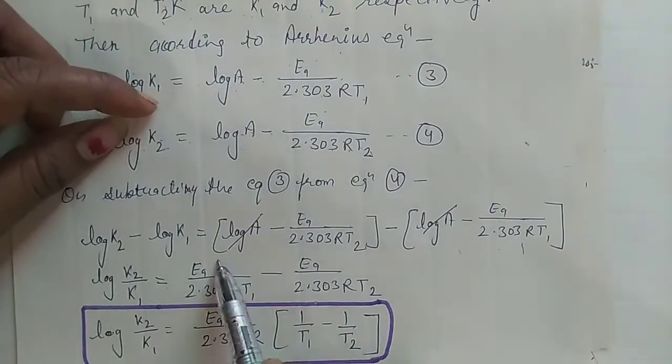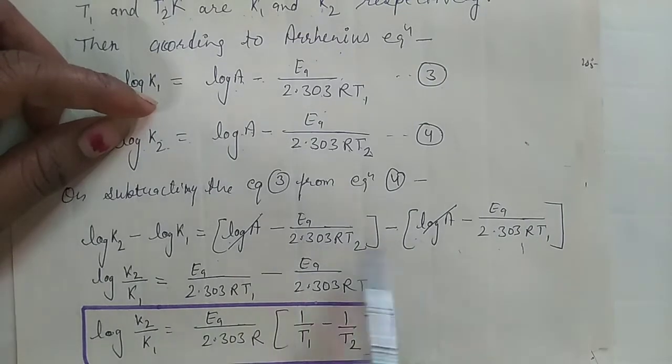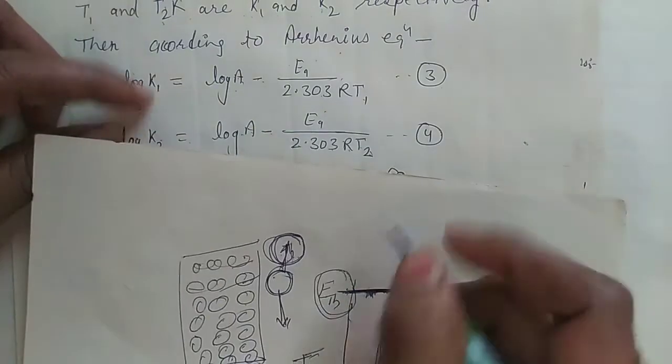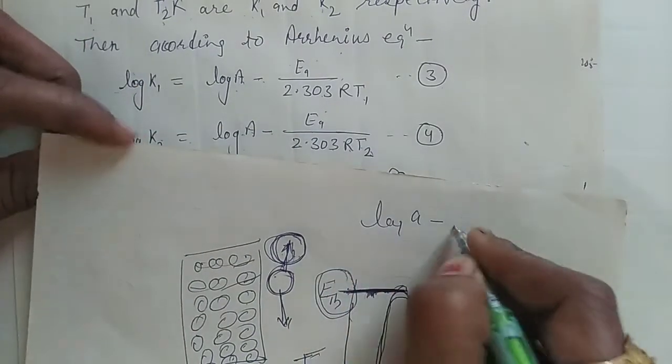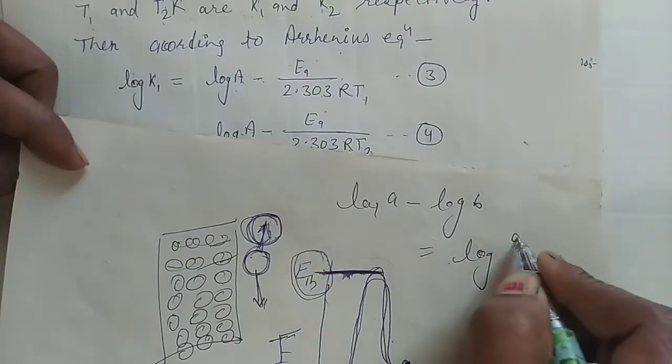Okay, log A is cancelled by log A because one is positive and one is negative. On solving these brackets, log K2 upon K1. Okay, we can write log A minus log B is equal to log A upon B.